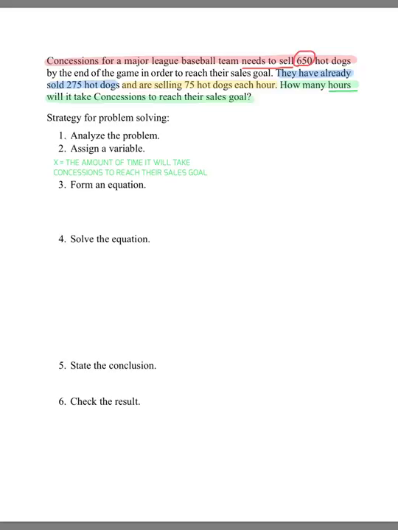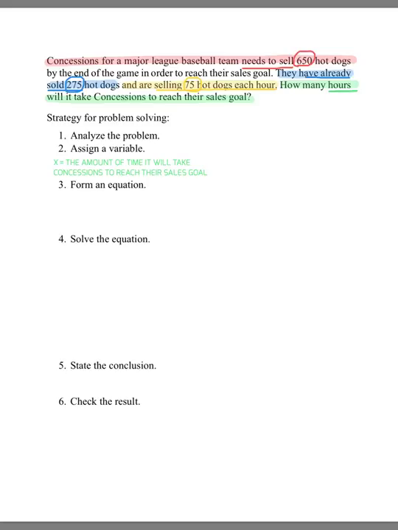They've already put a dent into their sales goal, that dent being 275 hot dogs. And we also know that they're selling hot dogs each hour, and the amount that they're selling each hour is 75 hot dogs. So things to keep in mind: 650, 275, and 75. We're going to be using that when forming our equation.